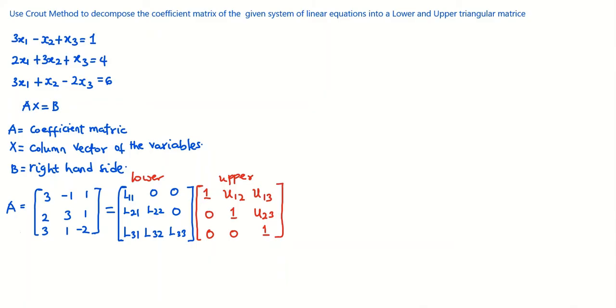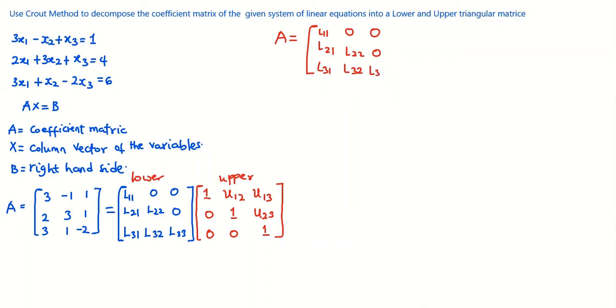Let's look at how you are going to do this. We decompose A into a lower triangular matrix, where you have L11, 0, 0, then L21, L22, 0, and then L31, L32, L33.